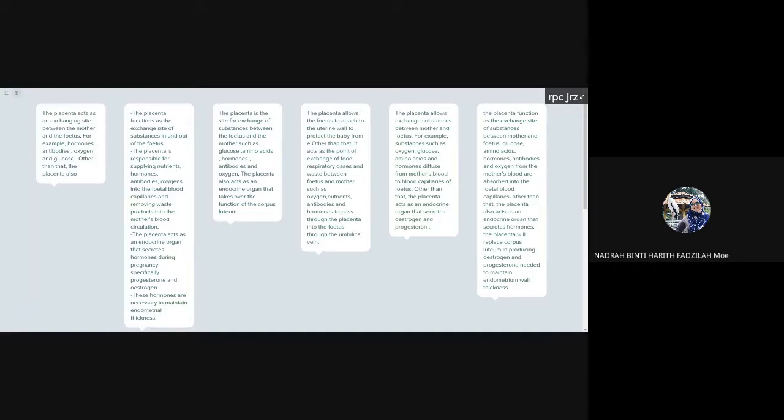Ya, selain daripada itu, untuk explanation exchange kan kamu most of you memang ada sebut pasal exchange of hormone, antibody apa semua tu kan.